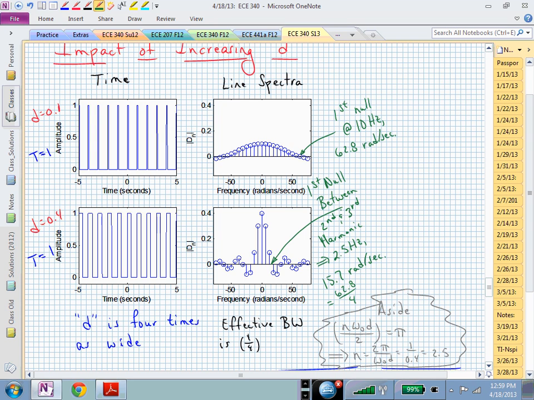The first null, then, for this wider pulse width is occurring between the second and the third harmonics. And that's 2.5 hertz in this case, which is now 1/4 of 62.8, or 15.7 radians per second.